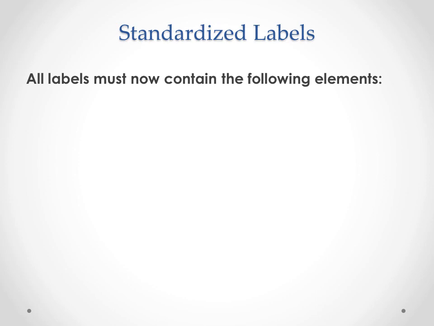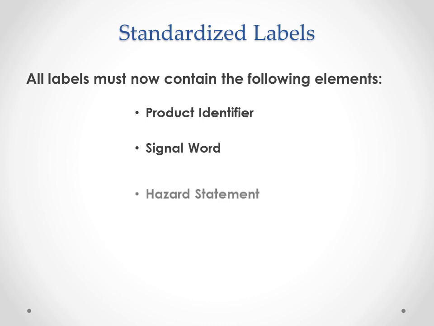Now let's go over the new requirements for labeling chemical containers. This is an overview. We will be going into more detail in a few moments. Each label will be required to have a unique product identifier, such as the name or item number or both. A signal word that simply shows the severity of the hazards.